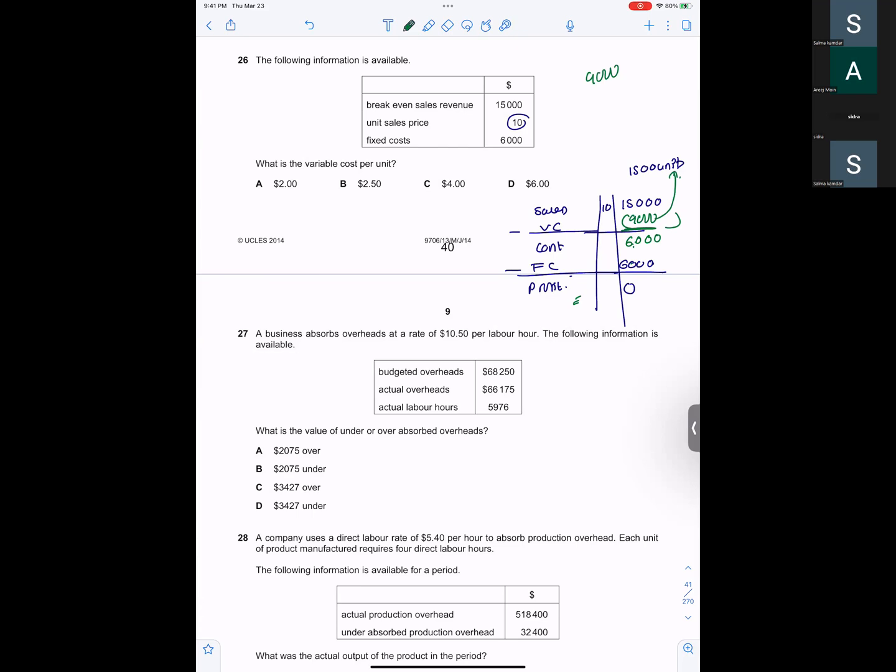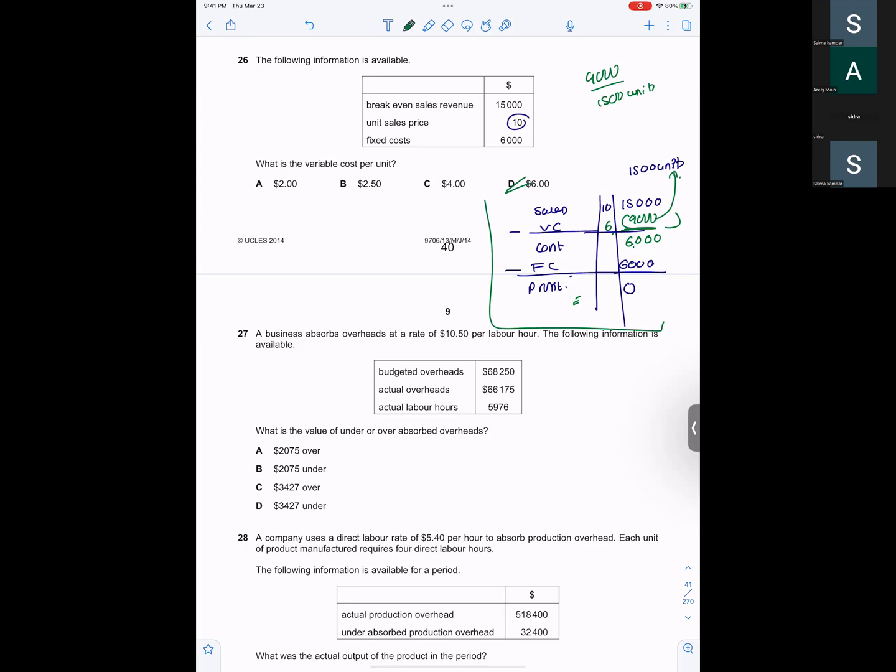So tell me, variable cost per unit, 9,000 divided by 1,500 units. So it is going to be how much? 6. So option D.